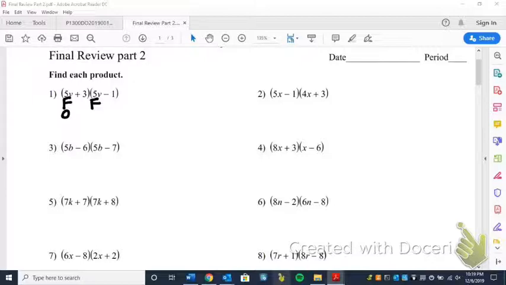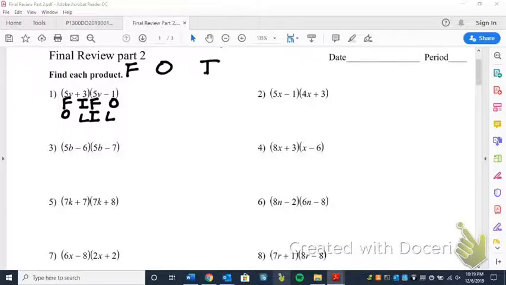So we have the 5v and the negative 1. The inner or inside ones are on the inside of the problem. So we have the 3 and the 5v. And then last accounts for the 3 and the negative 1.